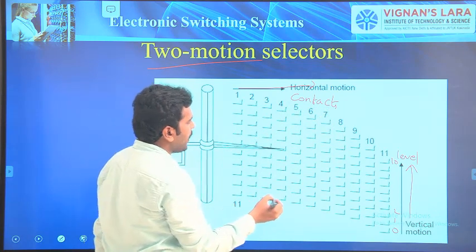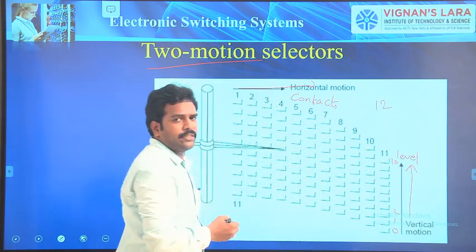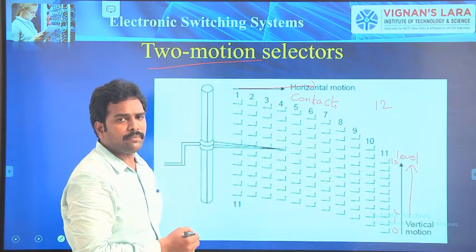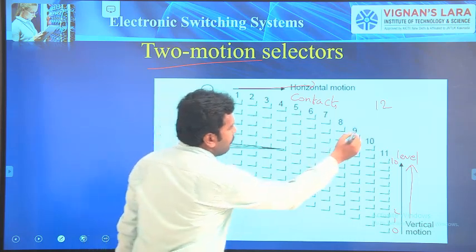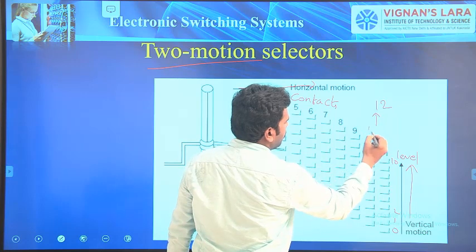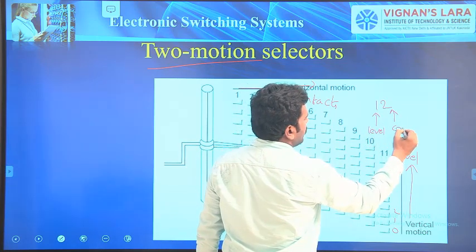For example, my objective is to get a 1-2 connection. How does this 1-2 connection work? The wiper has to move to the level. The first digit indicates the level and the second one indicates the contact point.